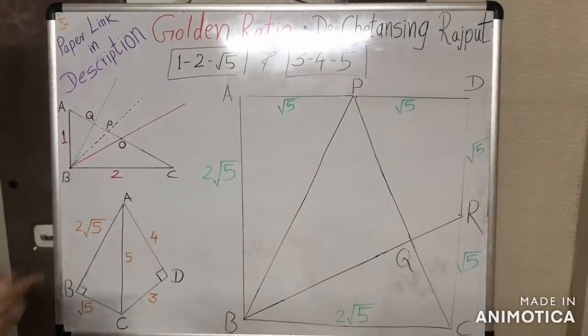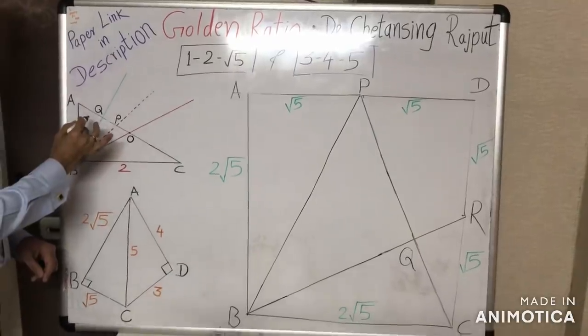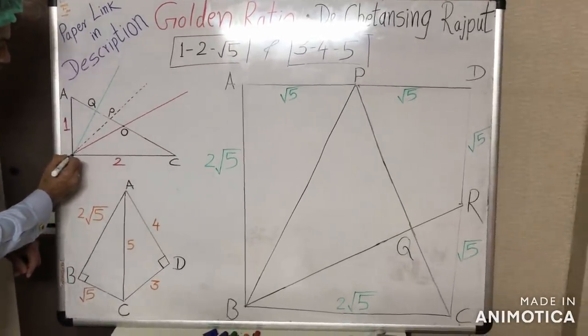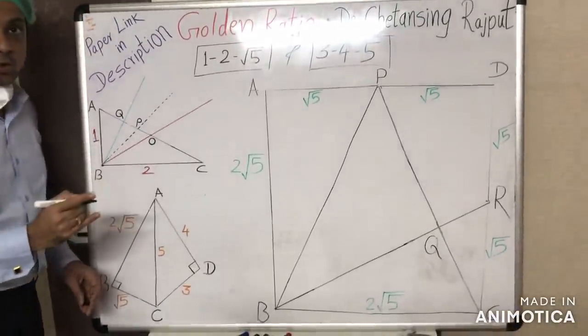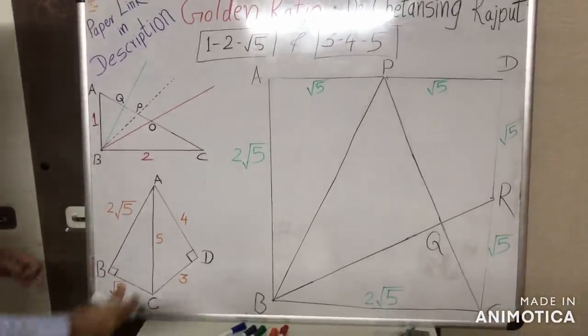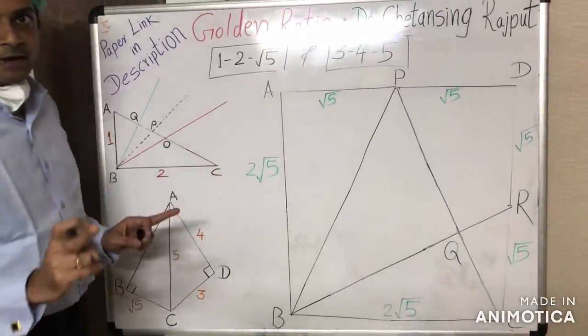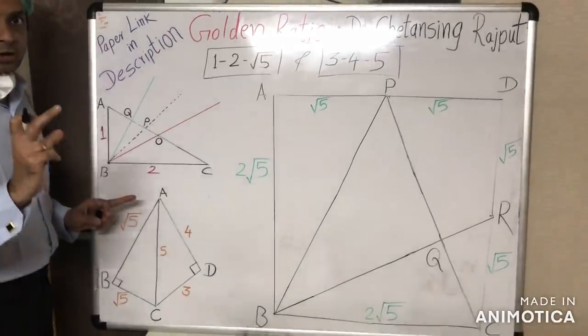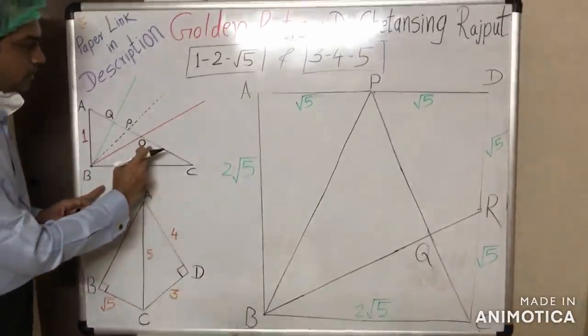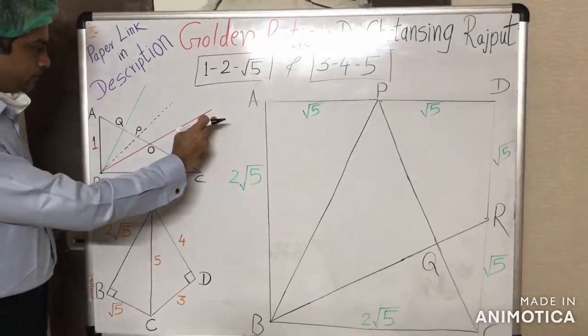I repeat, in the 1, 2, root 5 right triangle, vertex B is the orthocenter, the midpoint of the hypotenuse O is the circumcenter, line BO is the Euler line, and the smallest median, the median on the hypotenuse, coincides with this Euler line.